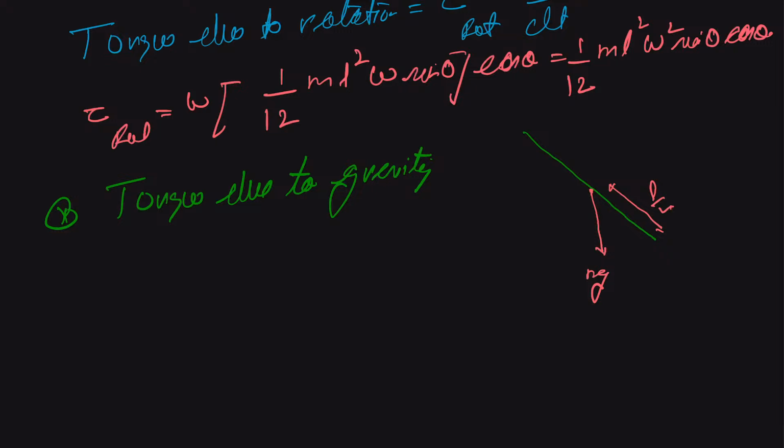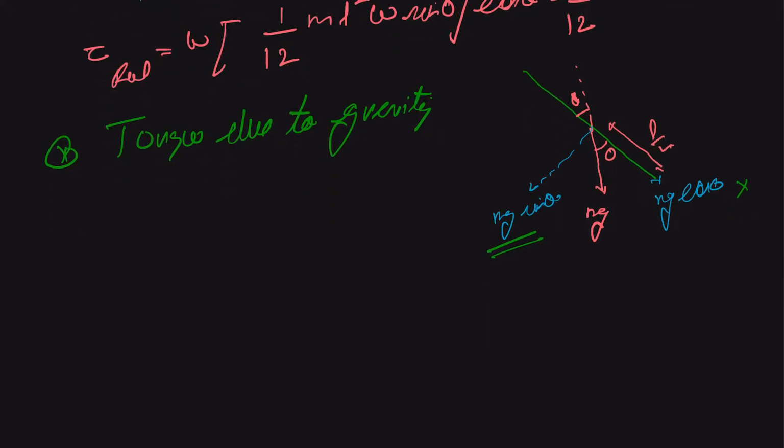Okay. Because this angle is our theta here also as well as here also. So we can divide this mg into two components. This will be coming as mg cos of theta, and the other one will be coming as mg sine of theta. The torque will be produced by only the perpendicular component, which is our mg sine of theta, and this mg cos of theta is parallel along the stick.